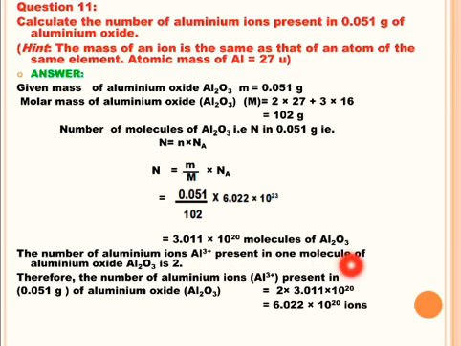We just multiply 2 number of aluminium ions with this value, and on multiplying we can get the total number of aluminium ions present in 0.051 grams of aluminium oxide. So on multiplying 2 with 3.011 into 10 raised to power 23, the total number of aluminium ions present in 0.051 grams of aluminium oxide will come out to be 6.022 into 10 raised to power 23 ions.